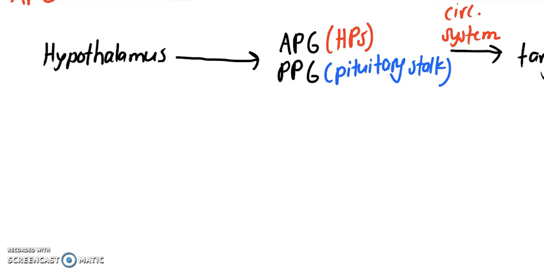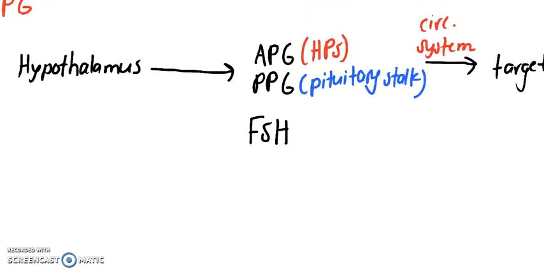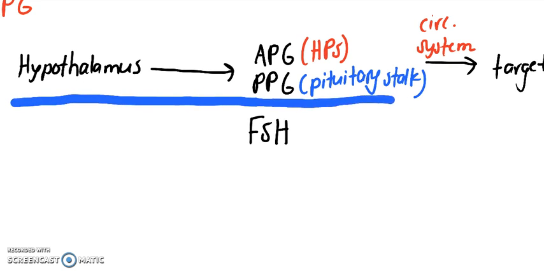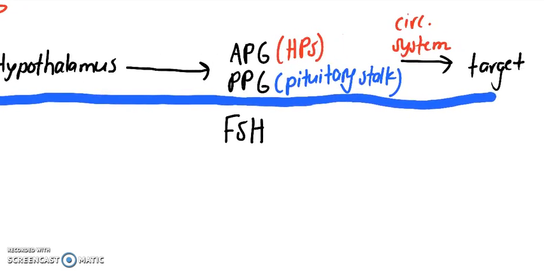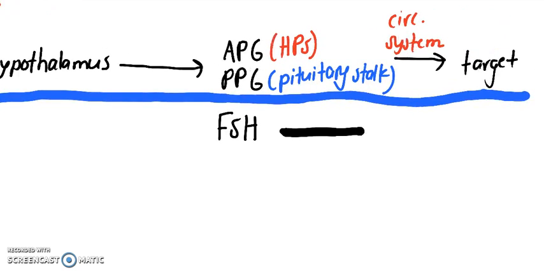Okay, let's list our hormones from before. The first one was follicle stimulating hormone. And the command for this, well, let's first see where it goes. Let's give this some space. Okay, so we know the FSH, oops, switch that.